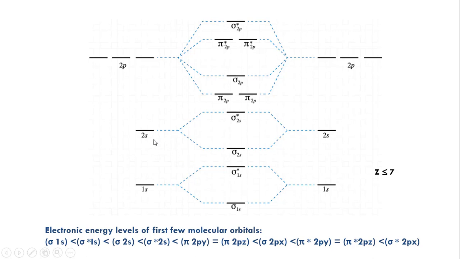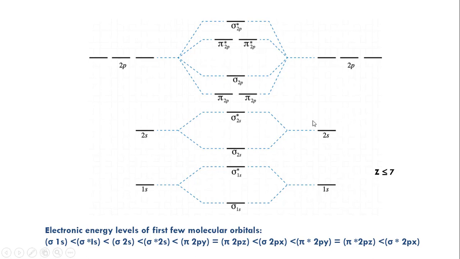And in a similar way, this 2s orbital is combined with the 2s orbital. So here atomic orbitals of the same energy are combining. Pure atomic orbitals are combining with the same energy, right? And the symmetry of this 2s is also the same. The 1s is not combining with the 2s orbital here, or 2s is not combining with the 1s orbital here.